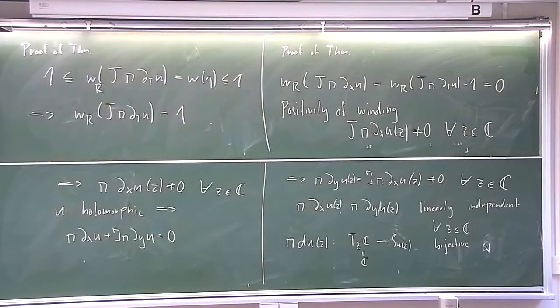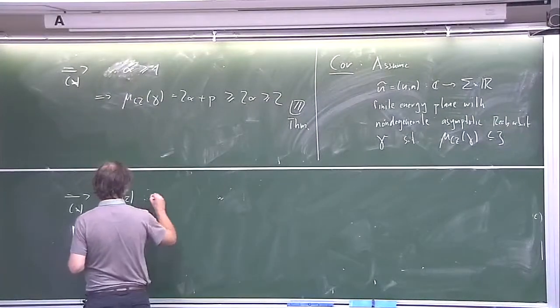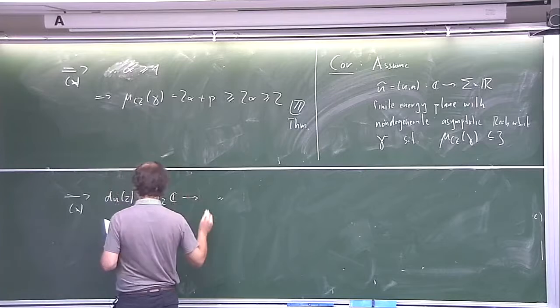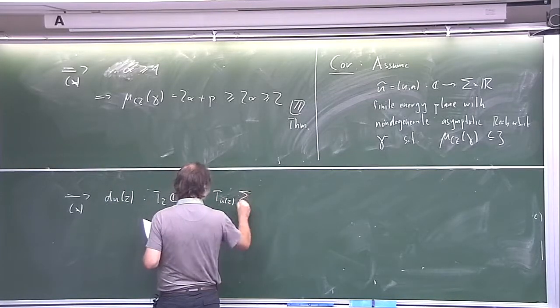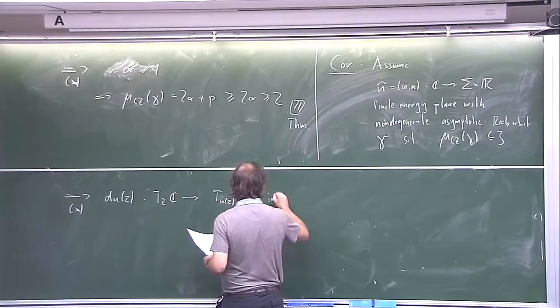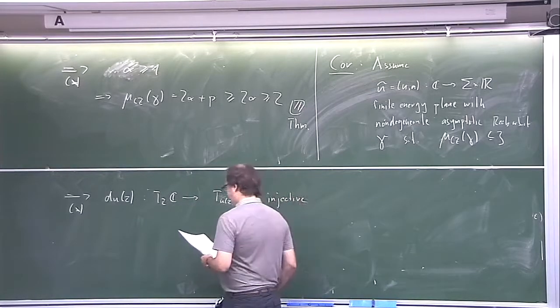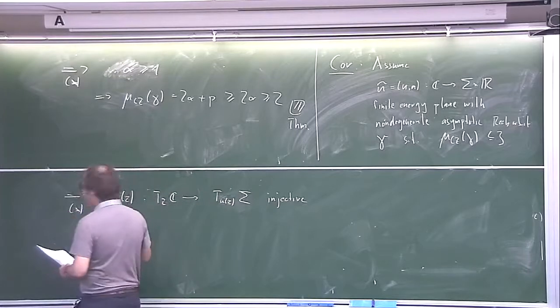Now du of z goes from T_z C to T_u(z) of sigma. This is injective, and so it's an immersion.